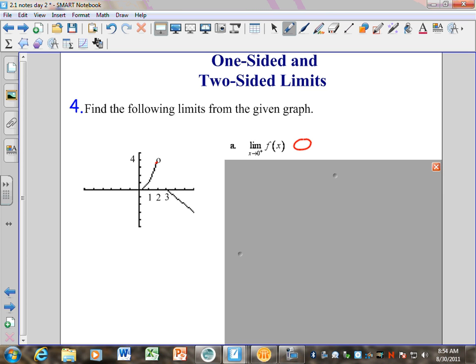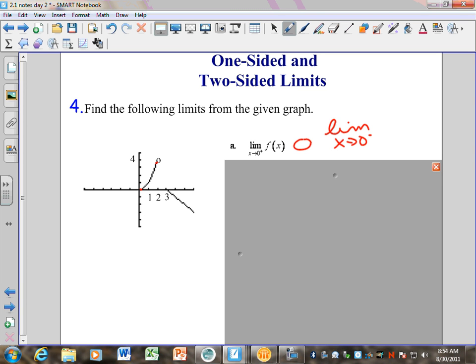If I'm coming from the left here, are there any points on my graph at all on the left? There's no limit. This one's not even on here, but I'm going to add it here. The limit as x approaches 0 from the left, there's nothing here. Even though the point at 0 is 0, because there's nothing coming from the left, there are no points to follow, you couldn't look at what's happening on the left side, we would say it doesn't exist.